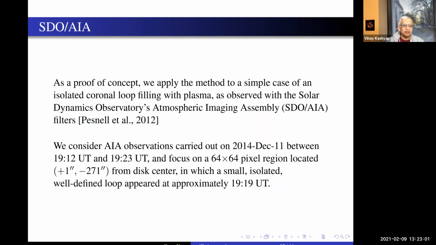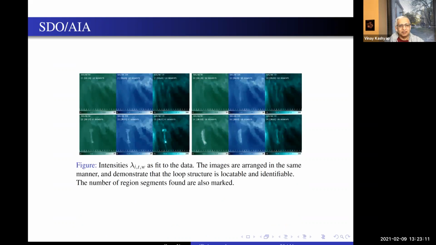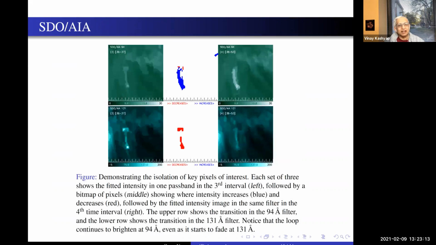But this one, wait, what happened? Okay, sorry, Kong, can you go back to the image? Oh, sorry. This one? The next one, and the next one. Yeah. So this just happened to be an isolated loop that filled while we were looking at it, and it brightened for a while and then went away.